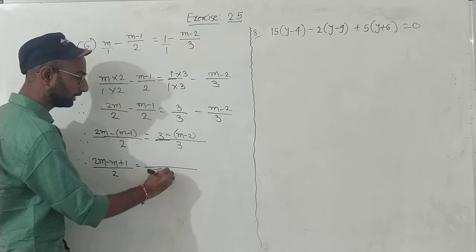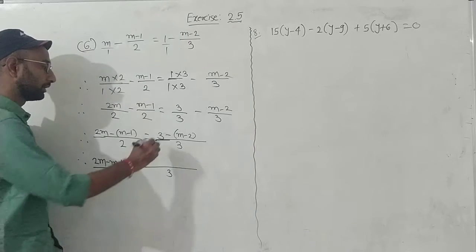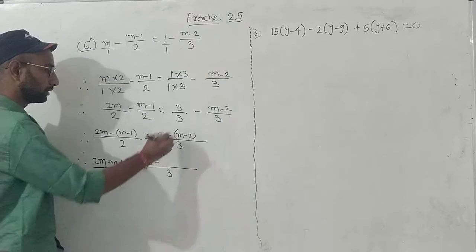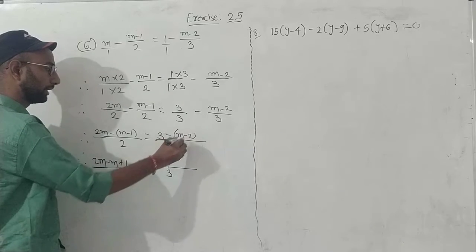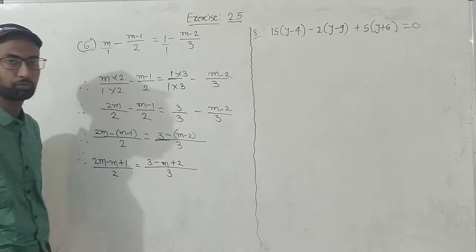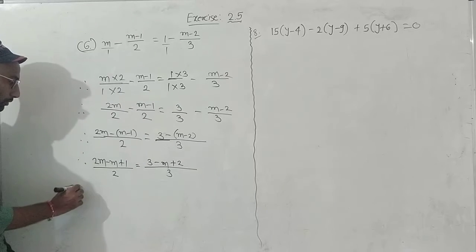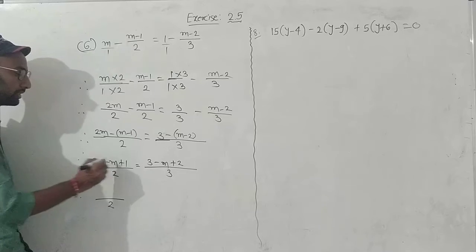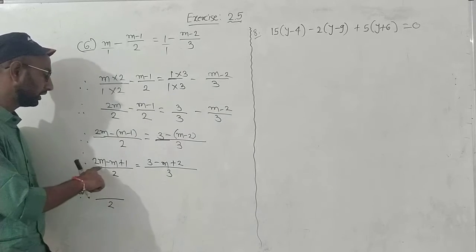Now here 3 as it is and this 3 as it is. Now again I am going to remove the bracket, so m minus 2 कैसा बन जाएगा plus 2. Okay, now I have written this 2 as it is. Now 2m minus m, how many m is here? 2m.